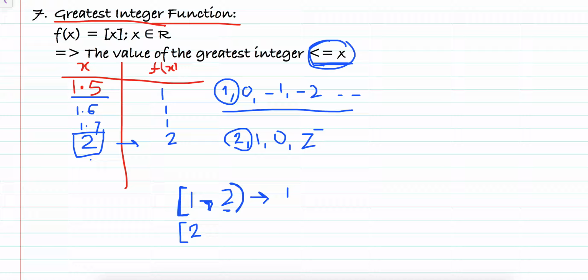For 2 to 3, for values like 2, 2.1, 2.2, 2.3 all the way up to 2.9999, but excluding 3, it will be 2. If it reaches 3, then it will be 3 and continue till a value less than 4.